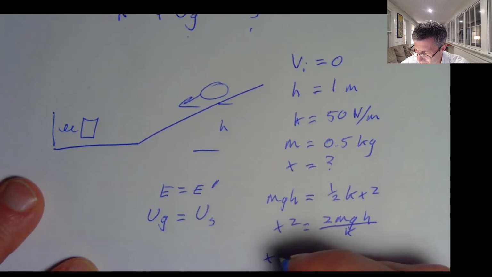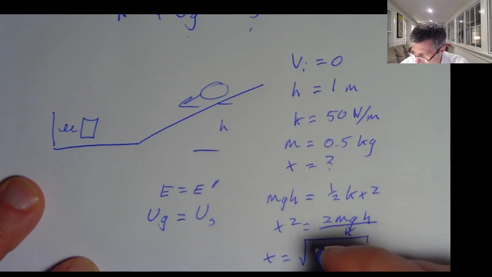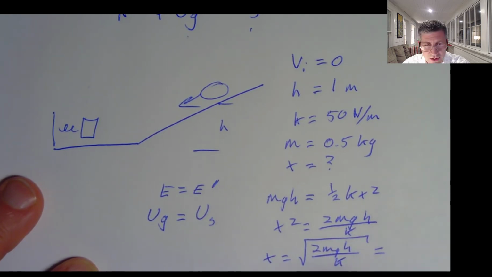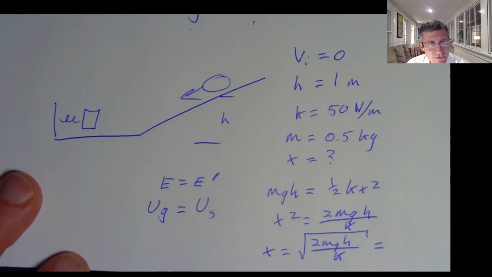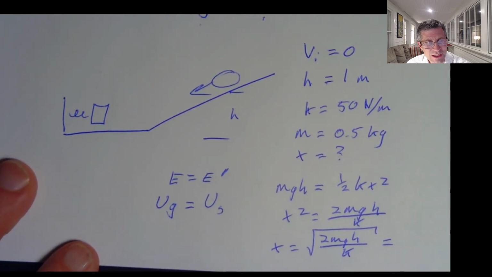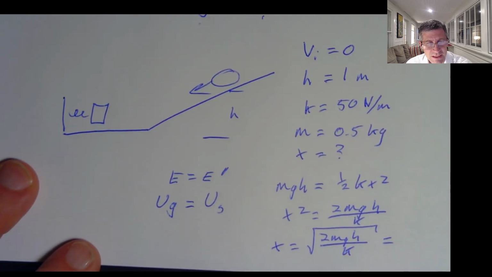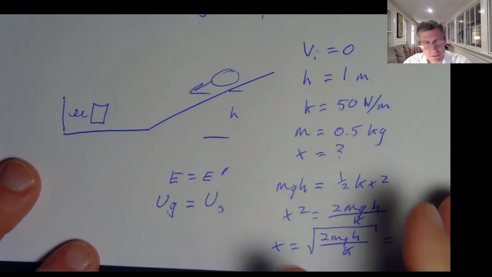So x is going to be the square root of 2mgh over k. And I can plug in some numbers to get to an answer, but I don't feel like it right now, so I'll leave you to do the calculator work. Anyway, the idea is that you should be able to use spring energy as just another storage place for energy, and the things to go with that.